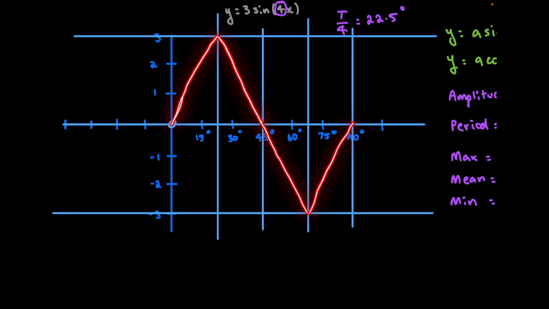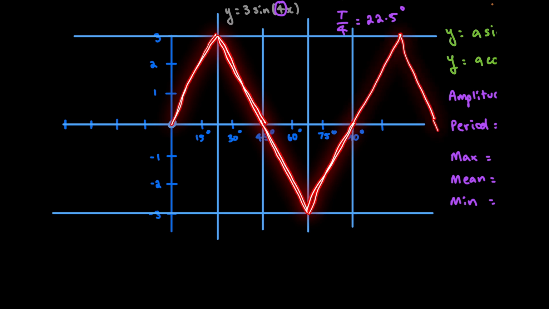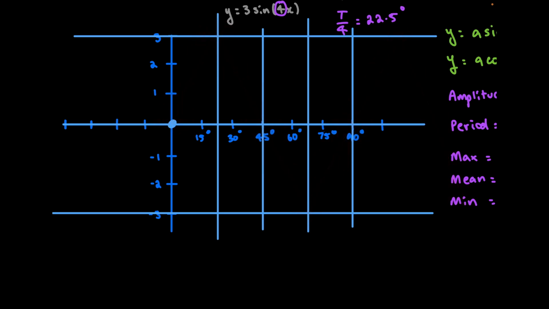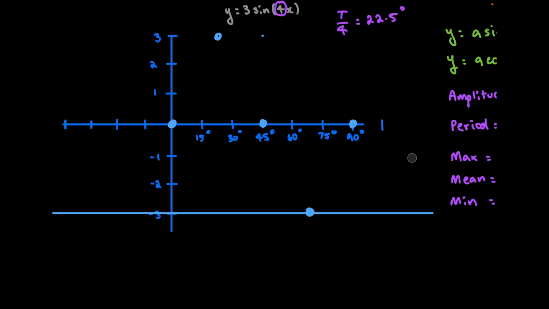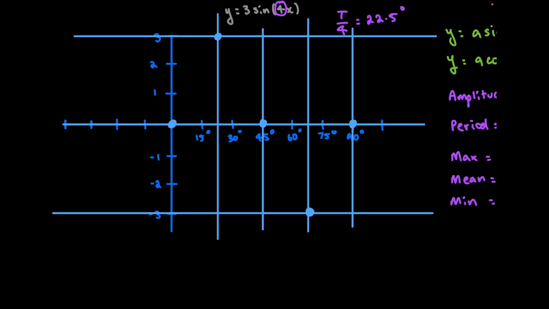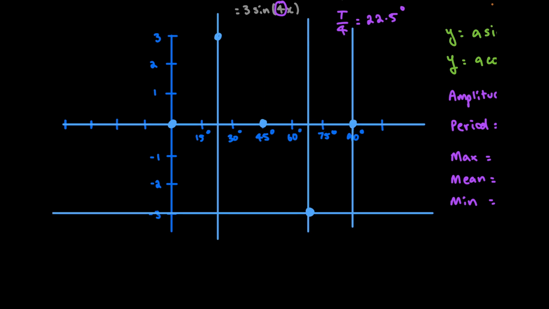So it'll oscillate between max, mean, min, max, mean, min, and etc. Now we're just going to draw those points just to make our lives a little simple. So a point here, point here, point here, and a point here. And just to make our graph less ugly, I'm just going to get rid of my max line, my mean line, and my min line. So let me just draw it out properly.